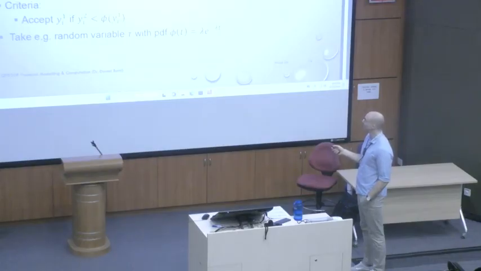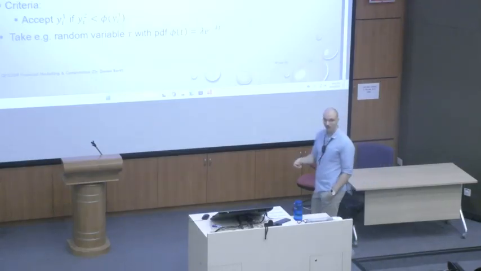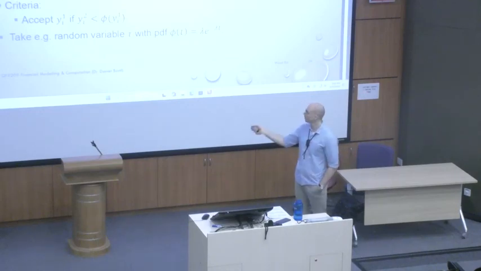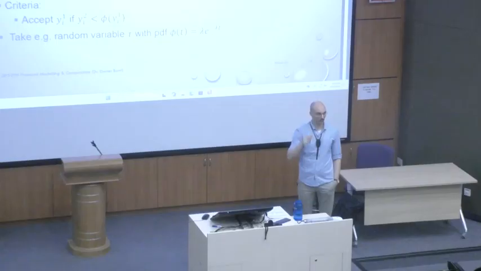So first coordinate is y1, second coordinate is y2, and you accept y1 only if this condition is satisfied. So y2 is smaller than the density at y1. Okay? And here's the picture.